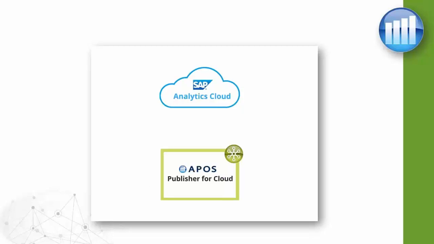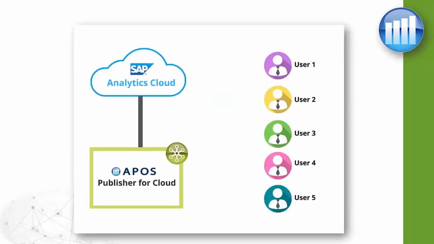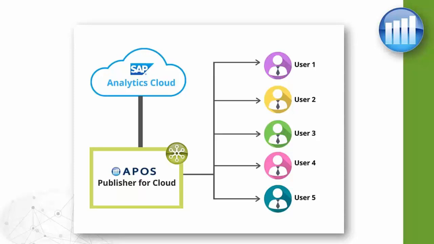So we want to give a good description today of the APOS Publisher for Cloud and how it addresses these kinds of use cases. So Publisher for Cloud has good, strong connectivity with the Analytics Cloud environment, and it's designed to address these scenarios where, again, if we go back to our multi-user scenario where everyone has the same questions but requires different answers, this is a scenario where Publisher for Cloud fits very well.